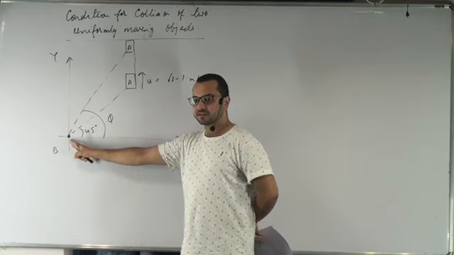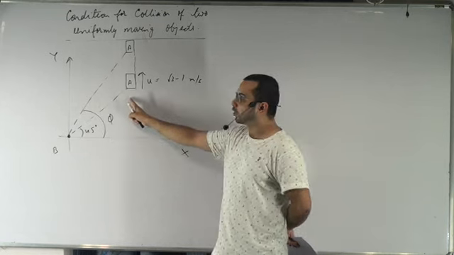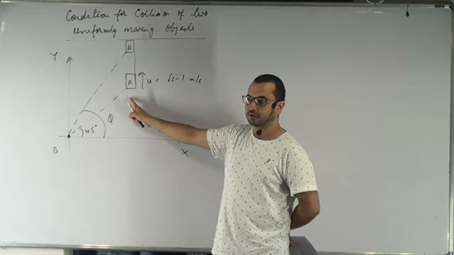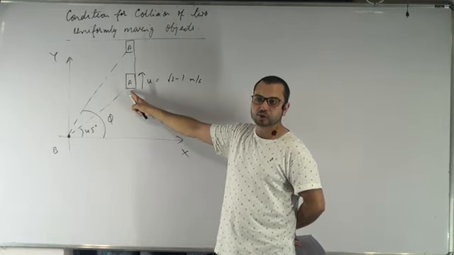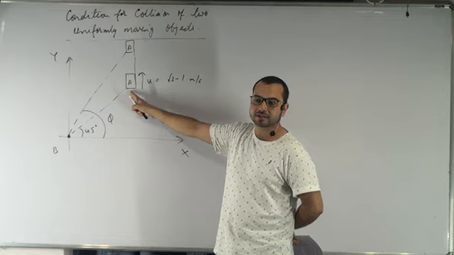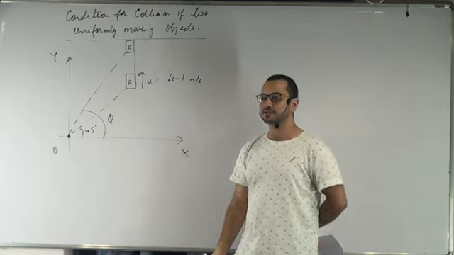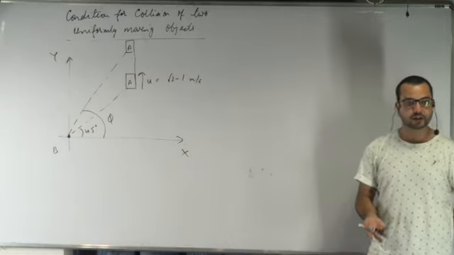When B is here, A is here. This is the initial condition. This line is the line joining both the particles. So what should be the direction of the relative velocity? It should be along the line joining the two particles. That's it. So what should be your answer? 45 degree. It's that simple. Did you get that?